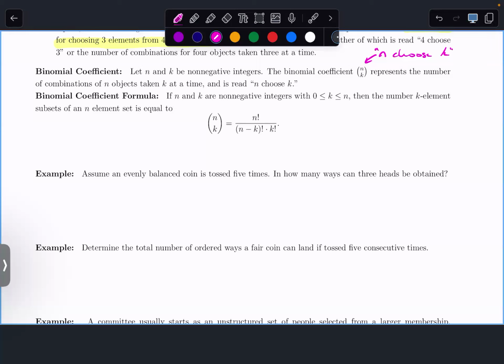On the flip side, how many ways are there that I could choose all 4 of these? I choose you, I choose you, I choose you, I choose you. That's the only way that I can choose all 4. And so as a fact, n choose 0 is 1. There's only one way to choose 0 things. And n choose n is 1. There's only one way to choose all n things out of n things.